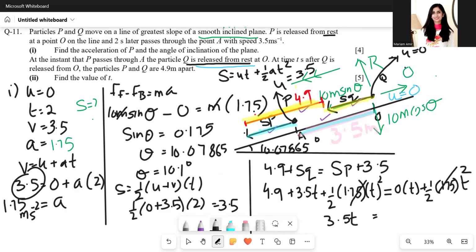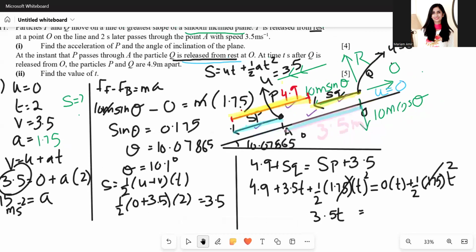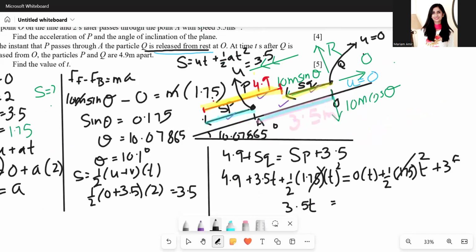Okay, what did I miss? I missed a plus 3.5. I'm sorry, there was a plus 3.5 here. Okay, I noticed a mistake. Unfortunately, this was SQ, which is right, but for SQ, the initial speed was 0.